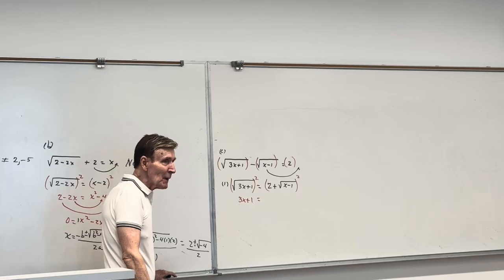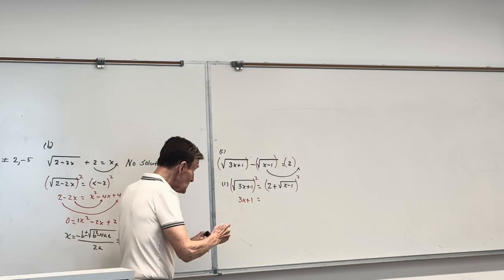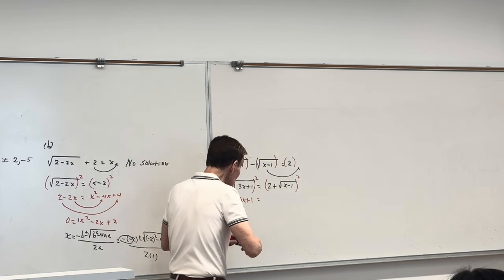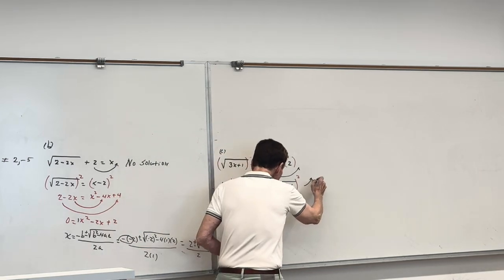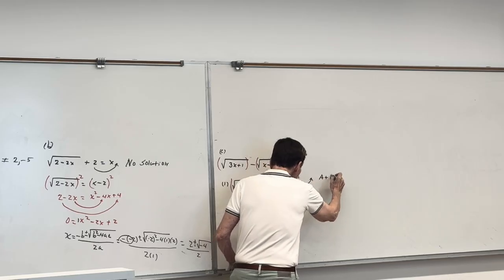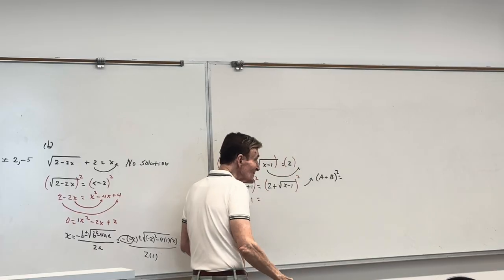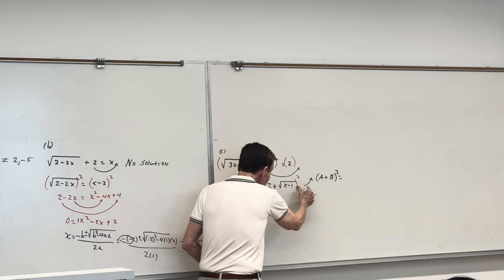Now, the right-hand side bothers me, because I gotta square it also. Now, guys, you could think of this 2 plus radical x minus 1 as taking the form of, back in algebra, when your teacher asks you to square something that looks like that. This sort of looks like this.